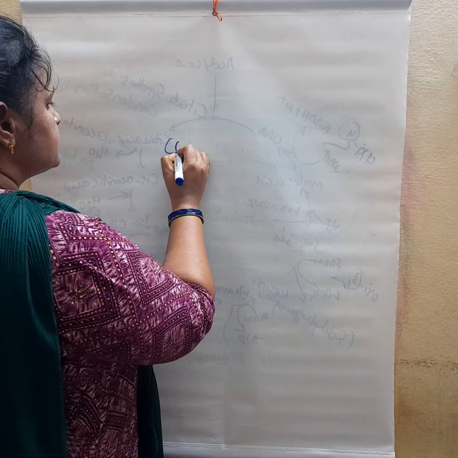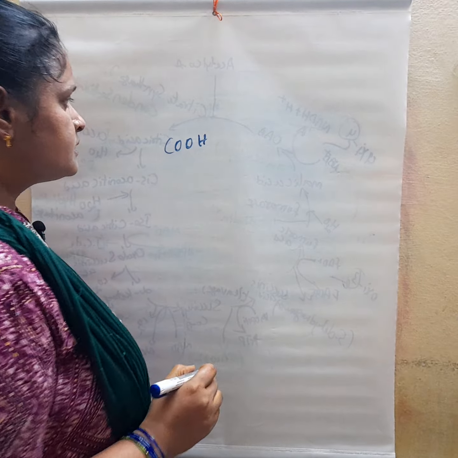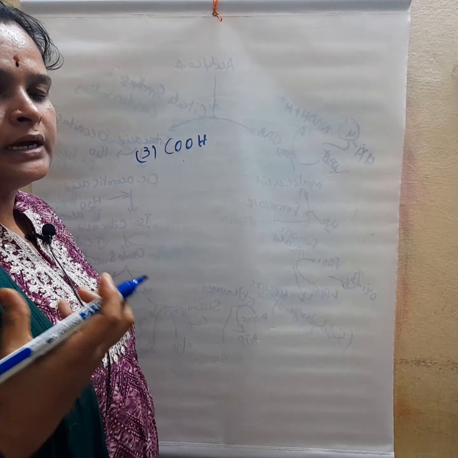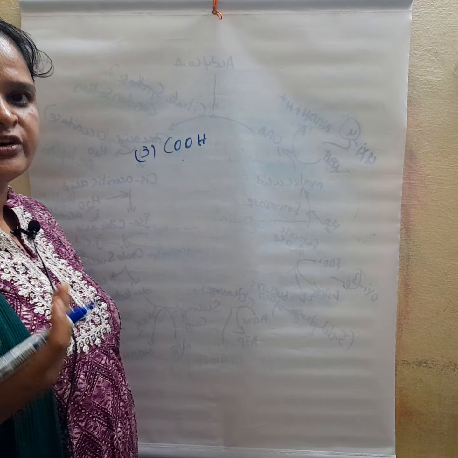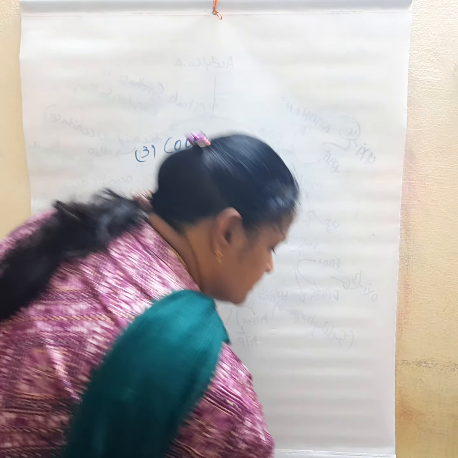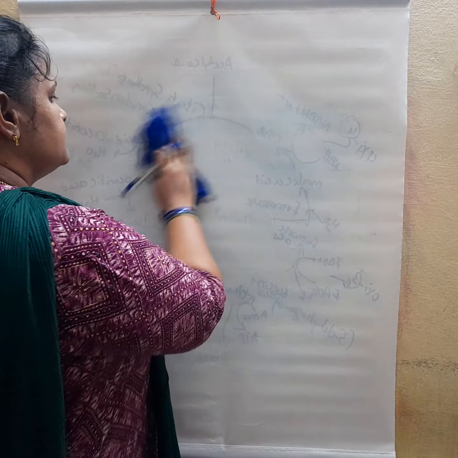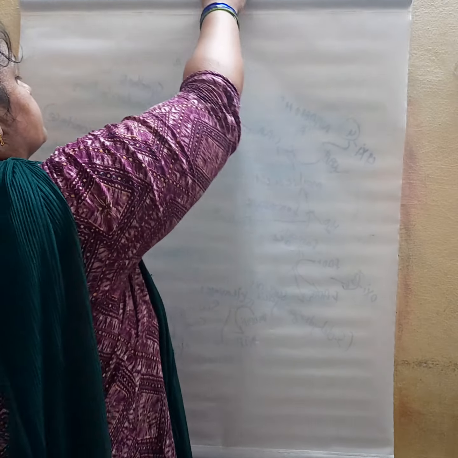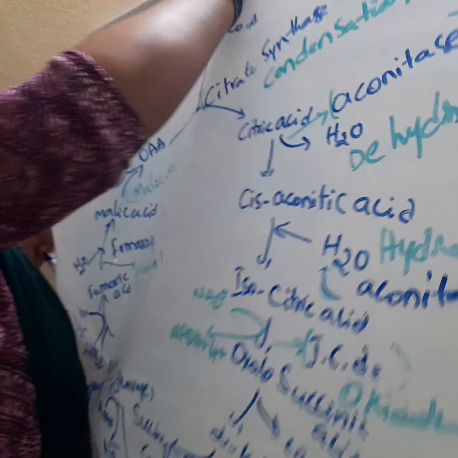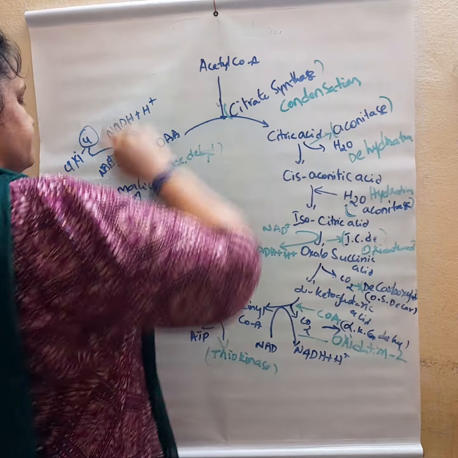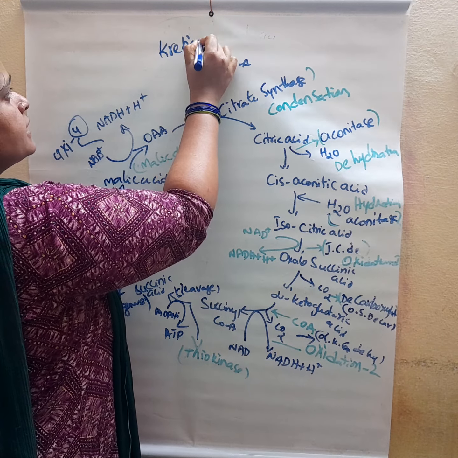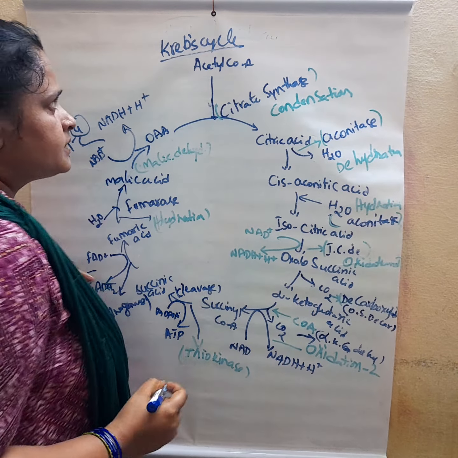Carboxylic group means COOH group, right? Here, compounds containing three COOH groups are formed first, that's why it is called the tricarboxylic acid cycle. This was discovered by Krebs, so it is also called the Krebs cycle.